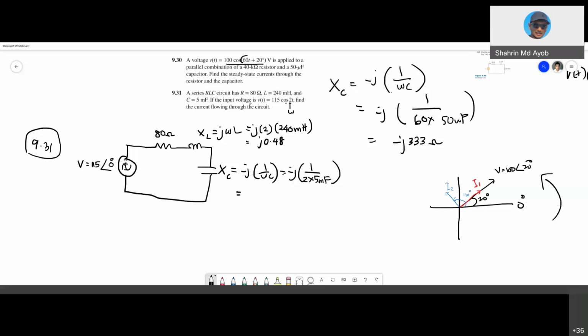Invert, so this one is negative 100. Okay, negative j 100. Oh, quite a big difference. This one is negative j 100.